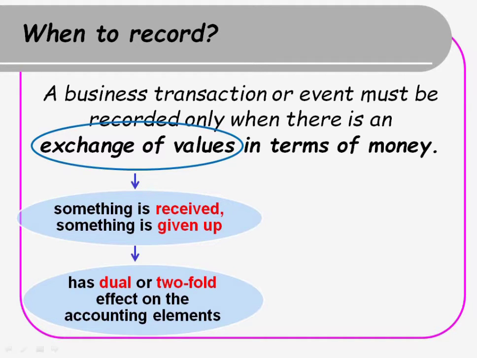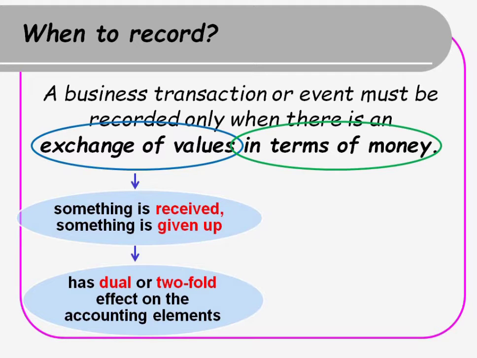And of course, just based on the definitions of accounting, the exchange must be quantifiable in terms of money. Therefore, in the recording phase of the accounting process, an accountant must be able to determine which transactions must be recorded and which ones must not be recorded.